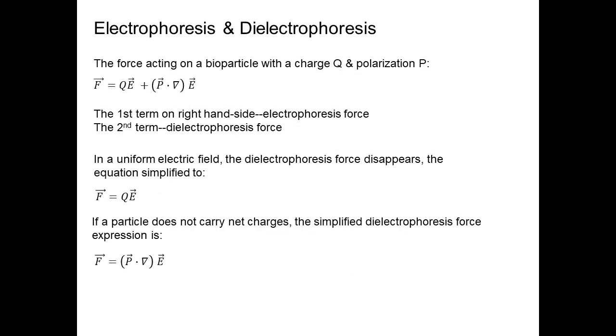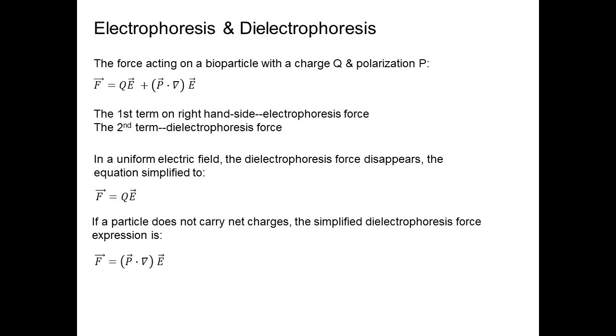Slide number 24 shows the electrophoresis and dielectrophoresis. The force acting on a bioparticle with a charge Q and position P equals F equals QE plus P dot delta times E. The first term on the right hand side is the electrophoresis force. The second term represents the dielectrophoresis force.